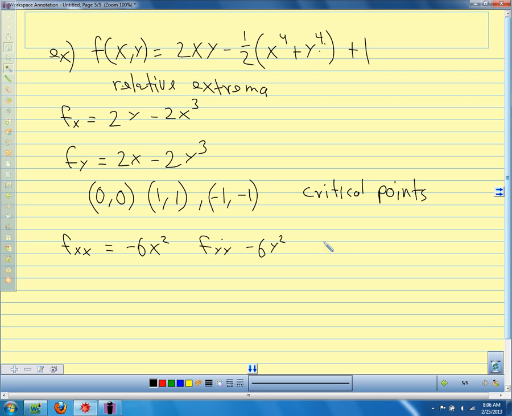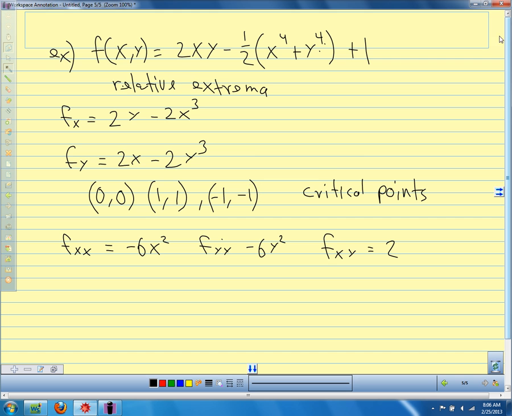And then our mixed partial, f sub xy, is 2. Do you have to find f sub yx, or can you do it between even y? If our function is continuous, then the mixed partials are equal, right, so they would be the same.